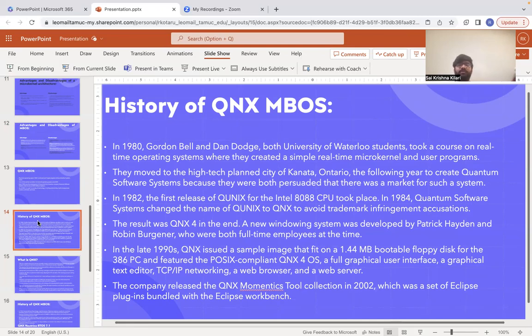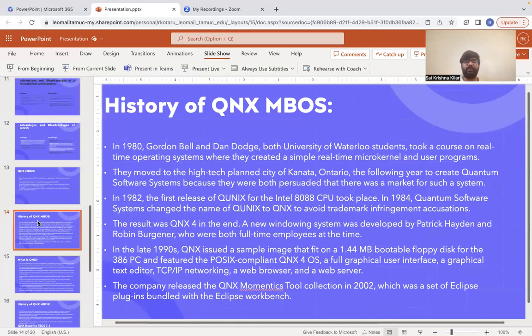The result was QNX 4 in the end. A new windowing system was developed by Patrick Hayden and Robin Bergener, who were both full-time employees at the time. In the late 1990s, QNX issued a sample image that fit on a 1.44 MB bootable floppy disk for the 386 PC and featured a POSIX compliant QNX4 OS, a full graphical user interface, a graphical text editor, TCP/IP networking, a web browser, and a web server.